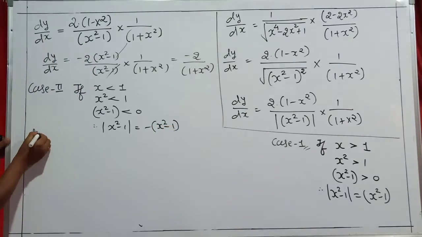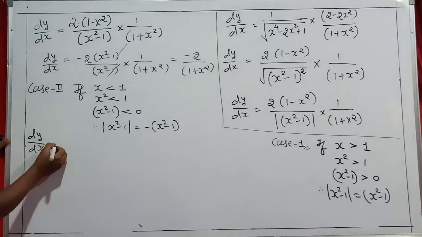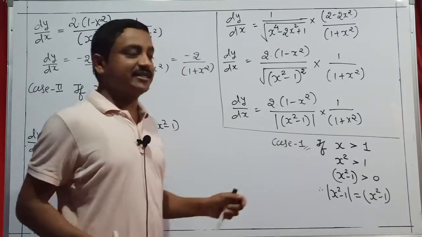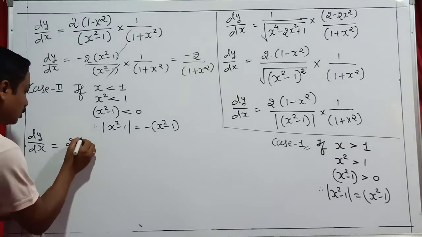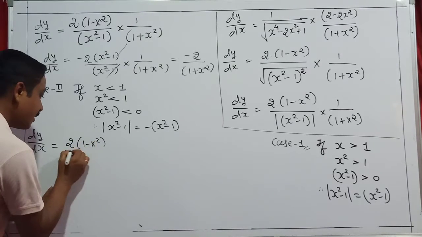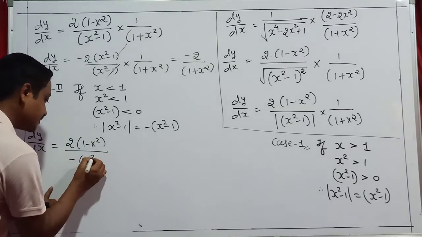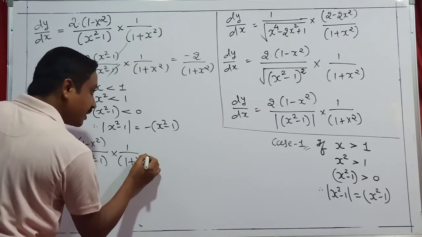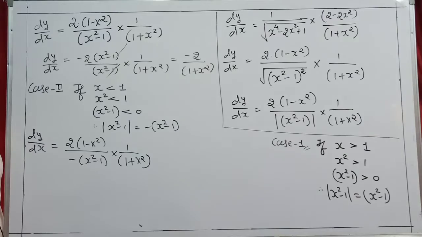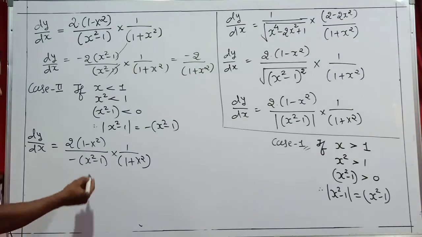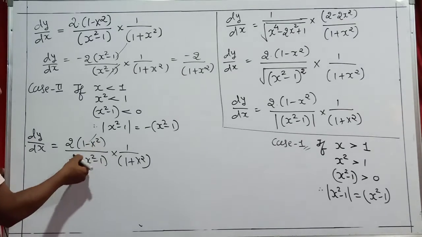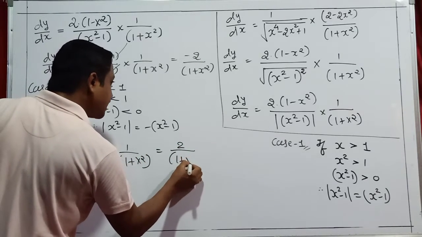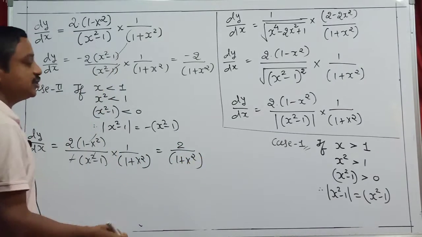So dy by dx in your second case, students, this answer I move to the left hand side. So 2, 1 minus x square, and minus of x square minus 1, and this is the same as 1 plus x square finally. So students, this and this cancel. If you include the minus, I have only 2 upon 1 plus x square. This is your second answer.